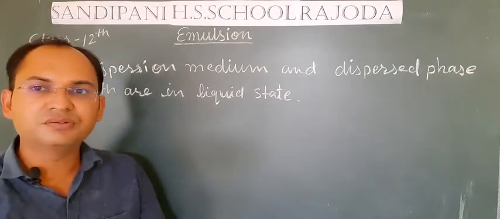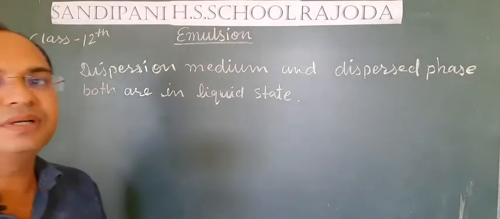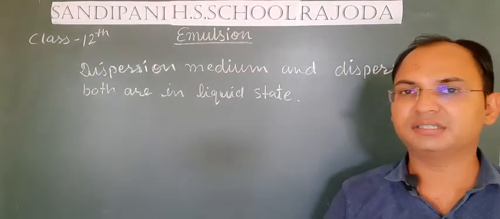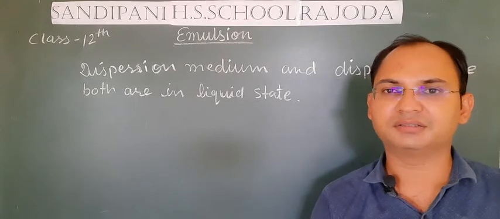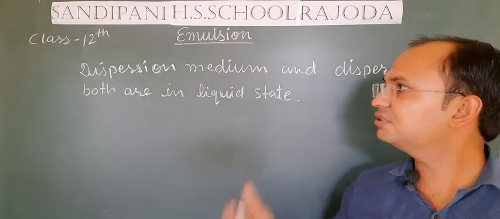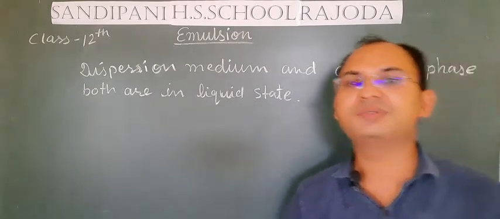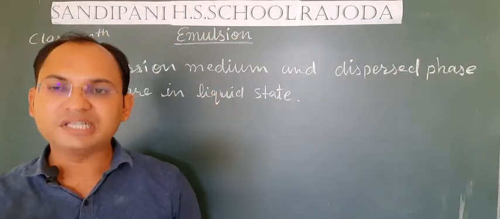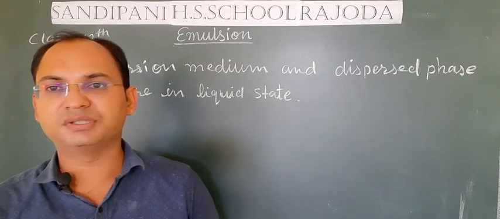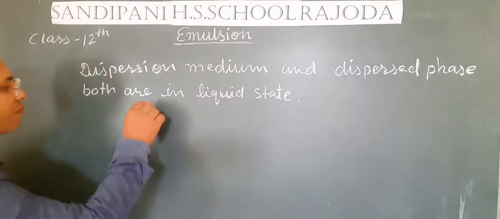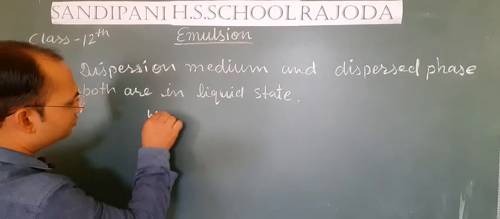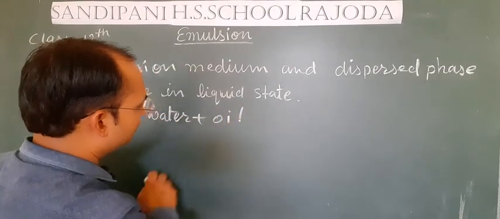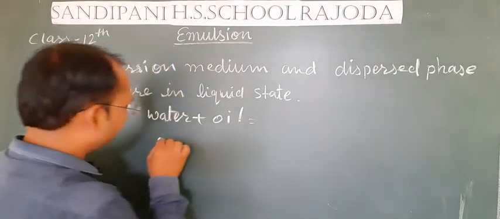Let's say students, whenever two immiscible liquids, immiscible that means which are not soluble in each other, for example oil and water, when these two immiscible liquids are forced to be dissolved in one another, then emulsion or liquid-liquid colloidal solution is formed. For example, water plus oil, its best example is milk.